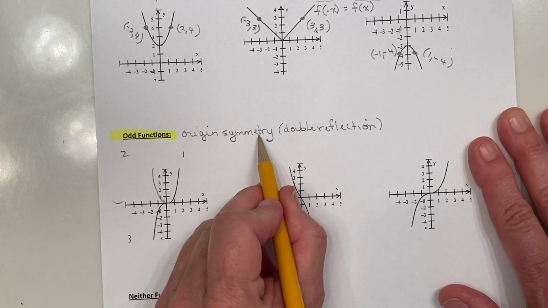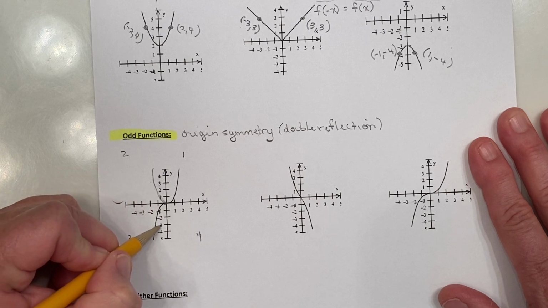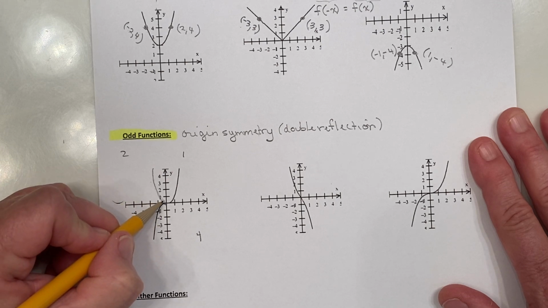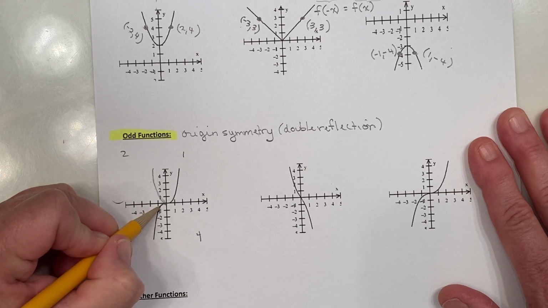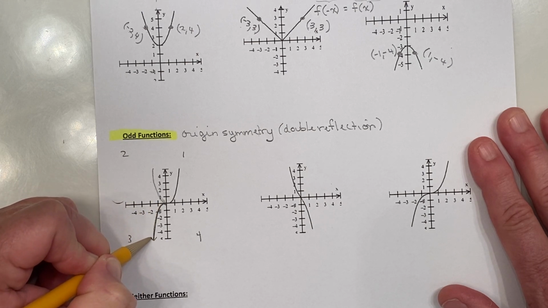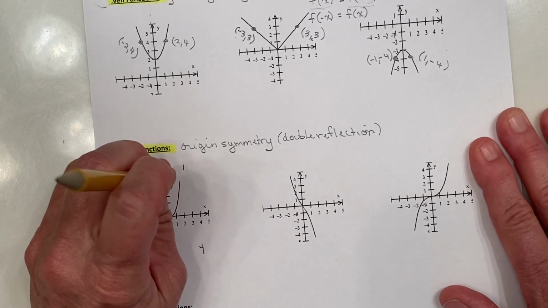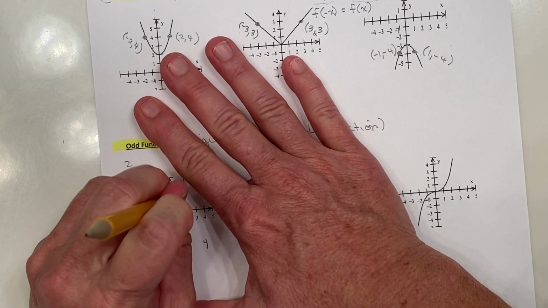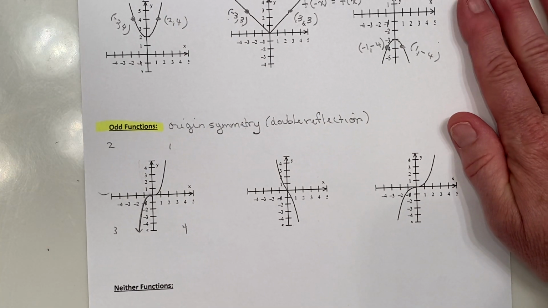But the origin symmetry means I've got to go through the origin. I have one more reflection to go across the x-axis. Now with this part of the graph, if I reflect it again, it's going to lay on top of that part of the graph that's already there. So I'm going to go ahead and erase this. A double reflection, origin symmetry, odd function.